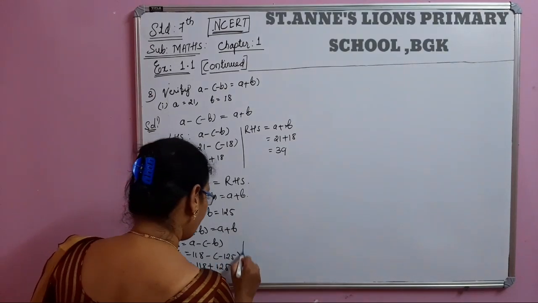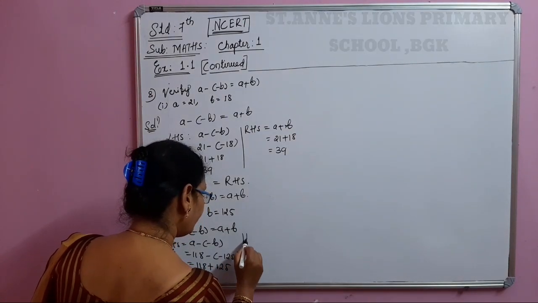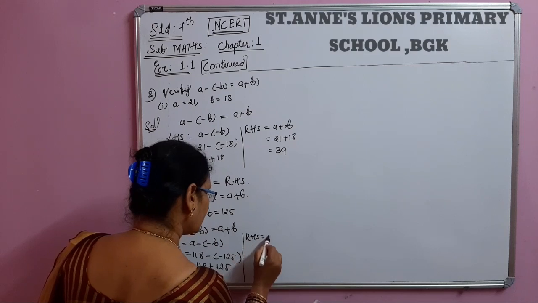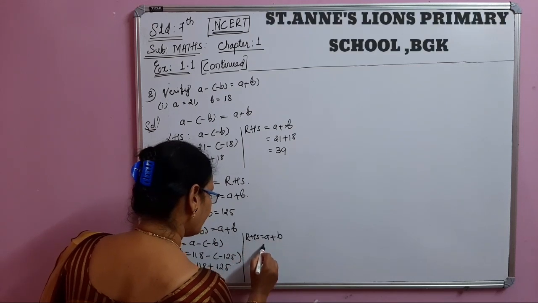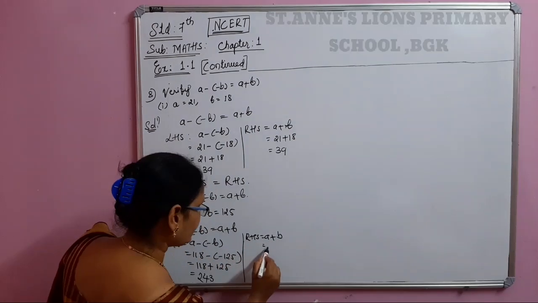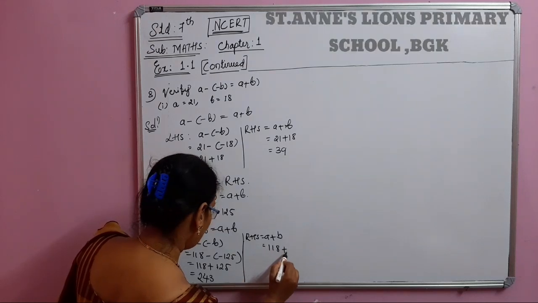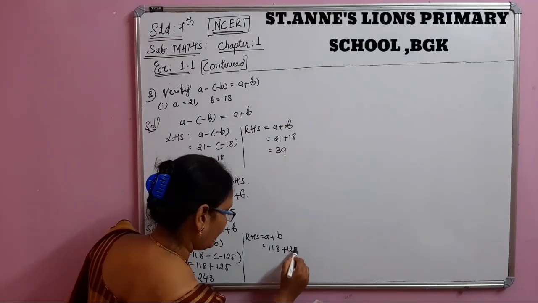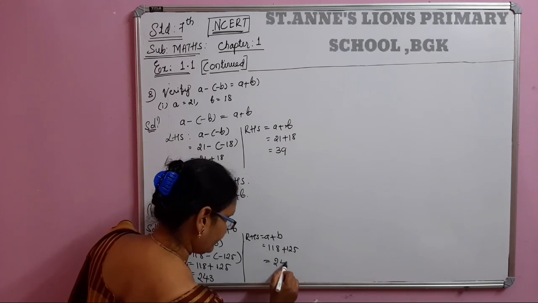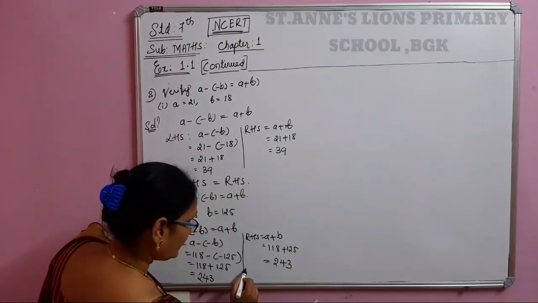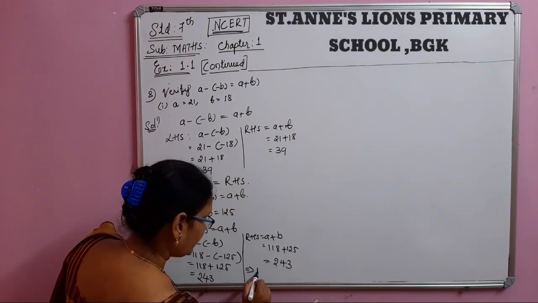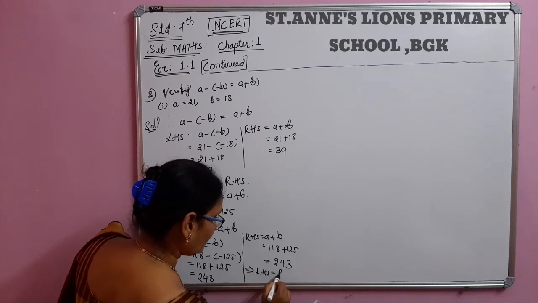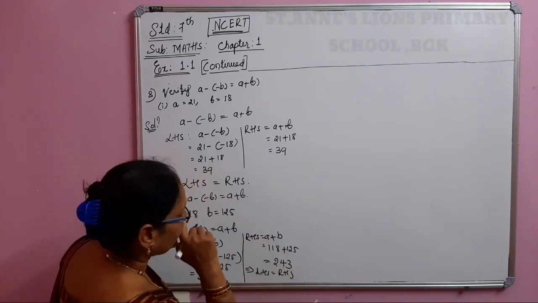Let us see for the RHS. RHS is equal to a plus b. What is a here? A is 118 plus b is 125. Exactly the same answer. Okay. This implies that LHS equal to RHS. Okay.